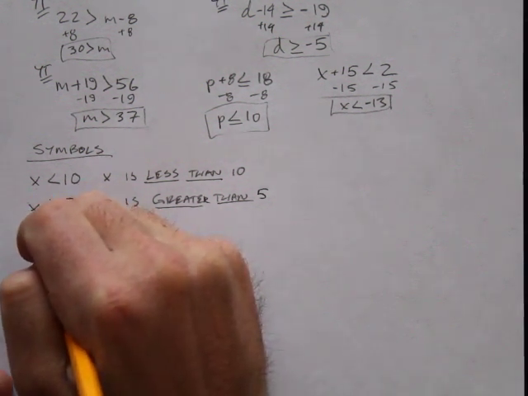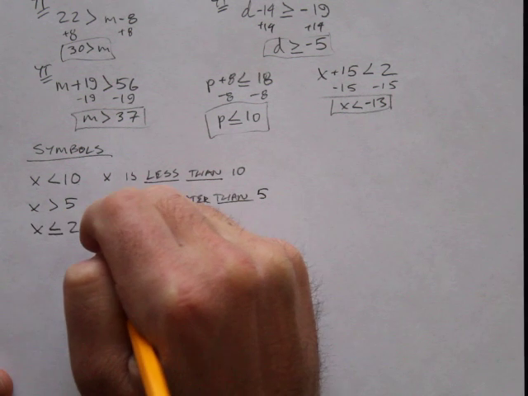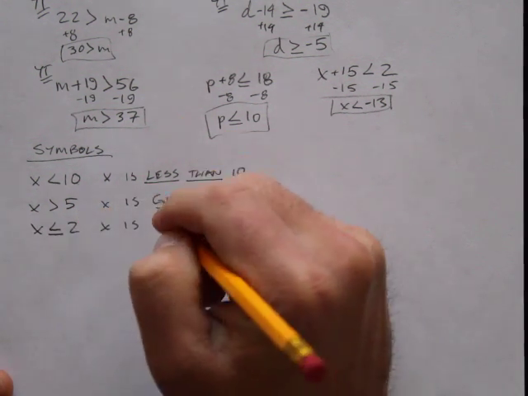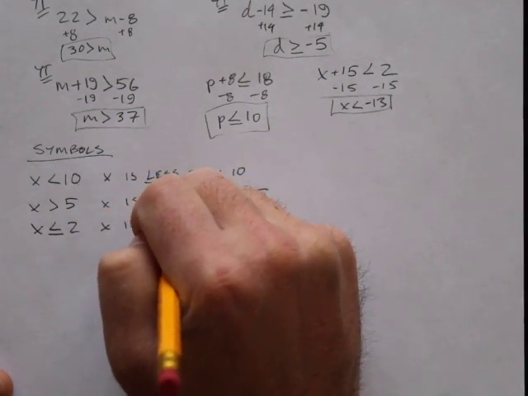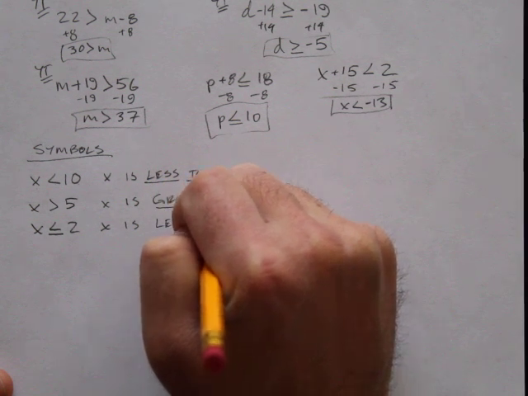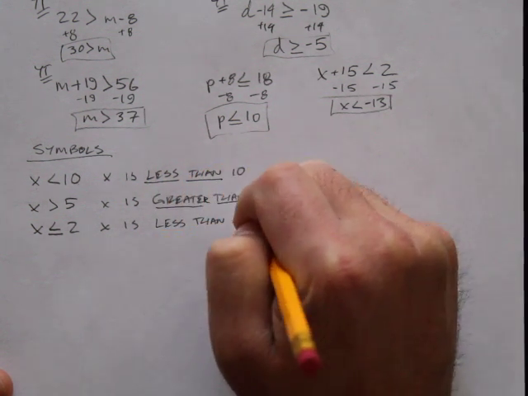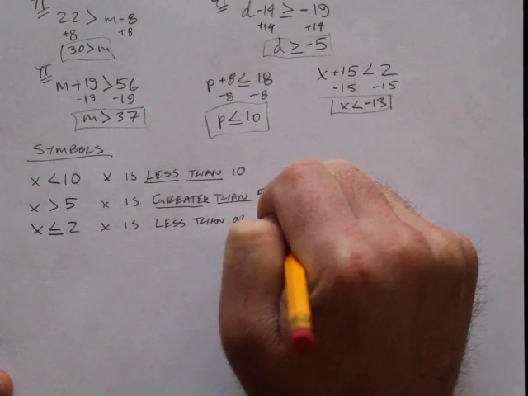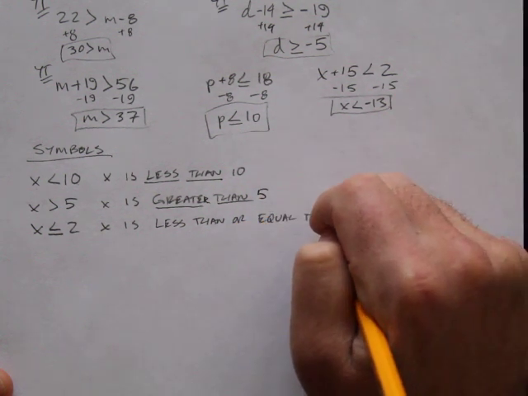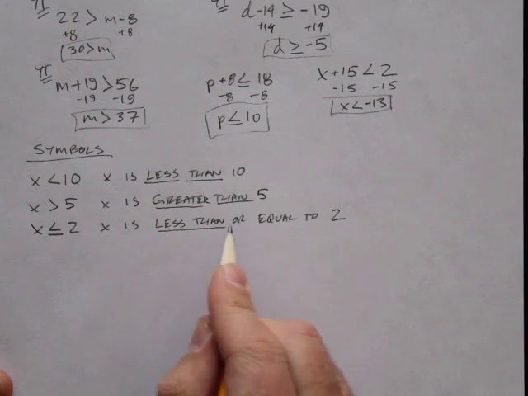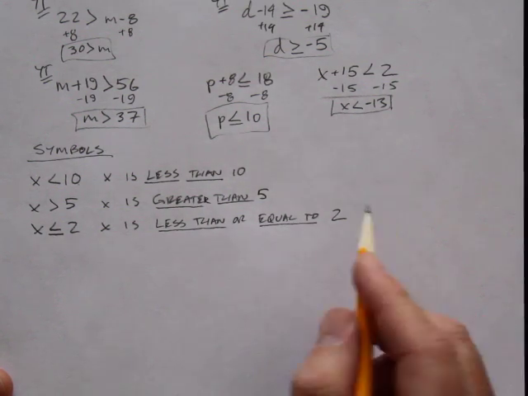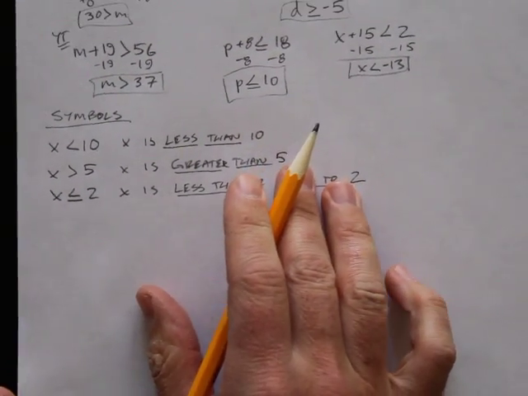x is less than or equal to 2. Less than or equal to. That's what this sign says.